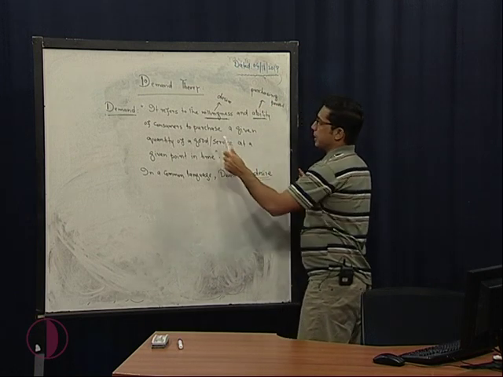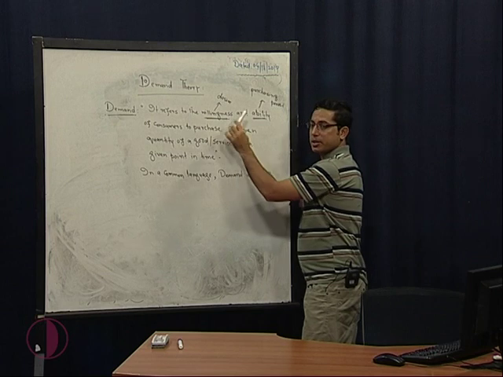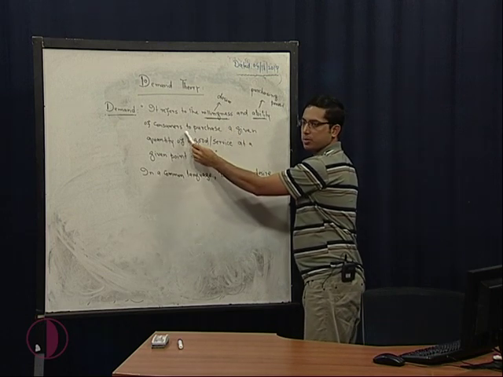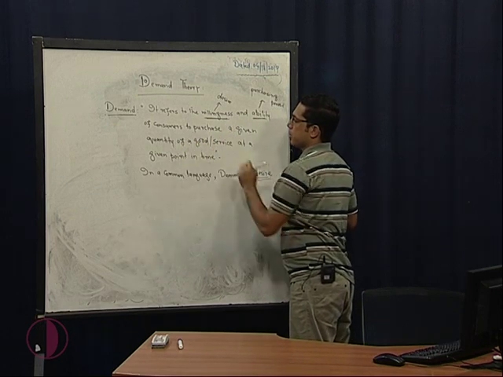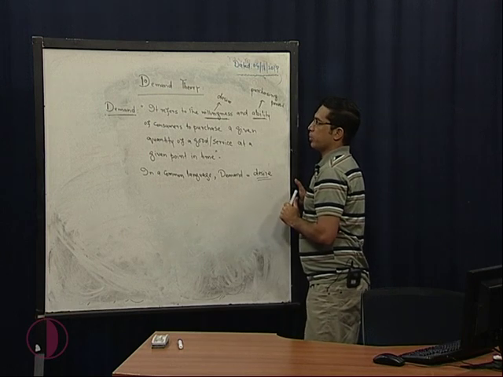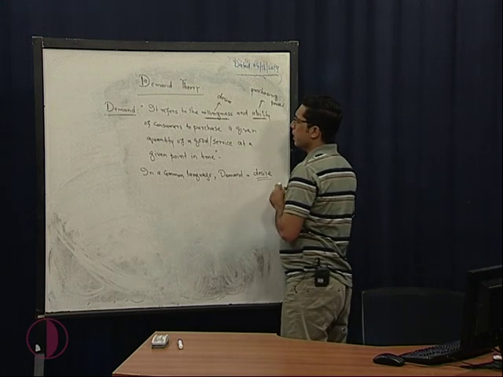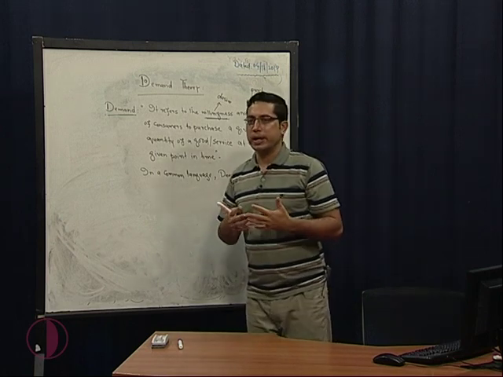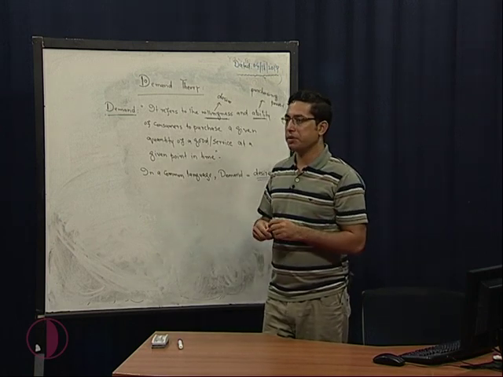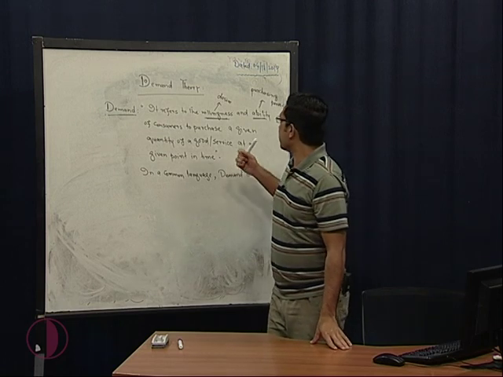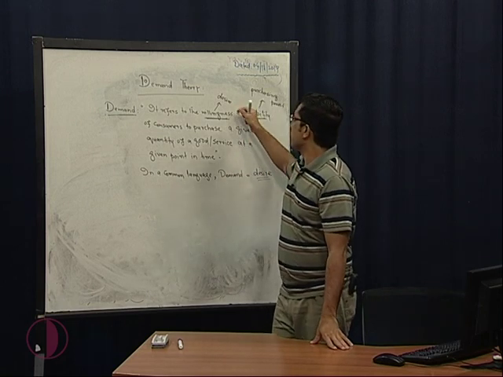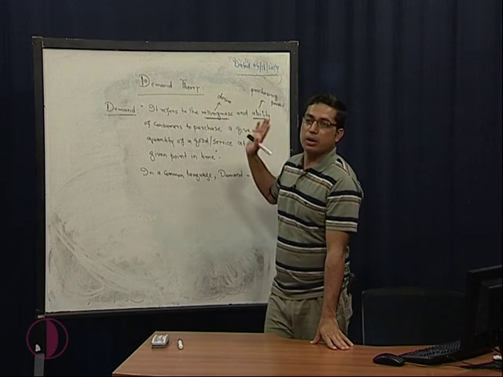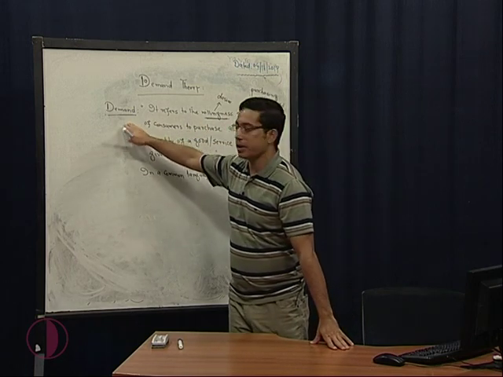So demand means the willingness and ability of consumers to purchase a given quantity of a good or service at a given point in time. It means that if a consumer just desires to get something, it doesn't mean that it is demand in economics.